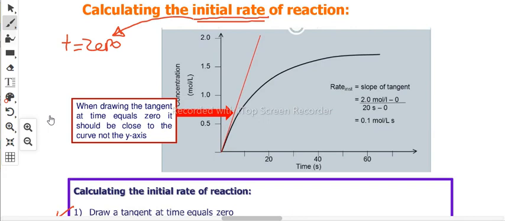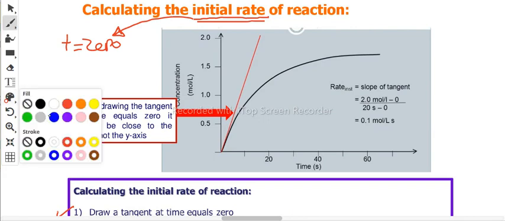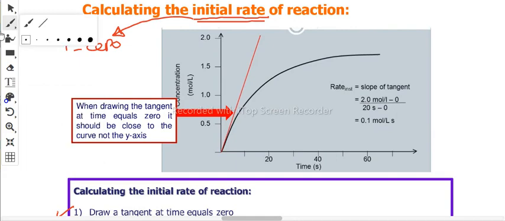So if I want to determine my initial rate in this example, it is so important for me to draw a tangent. If you look at the tangent drawn, you're going to find that it starts exactly from the 0 and passes through t equals 0. Here, let's read this note.